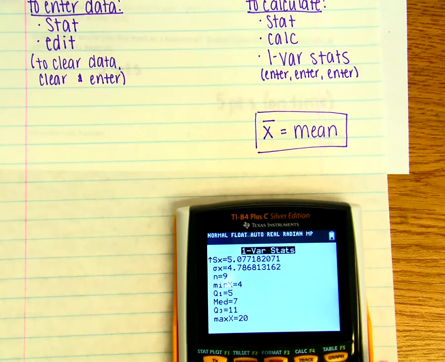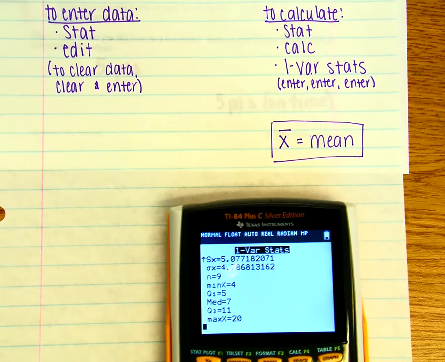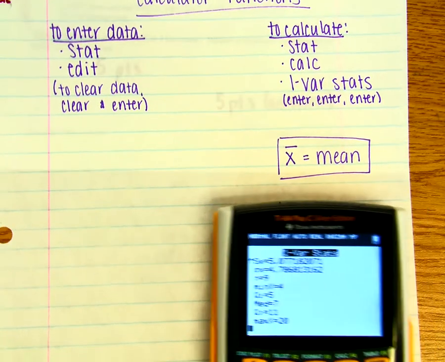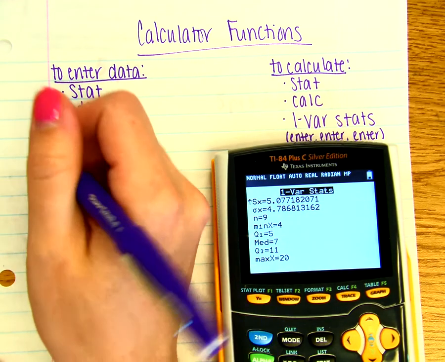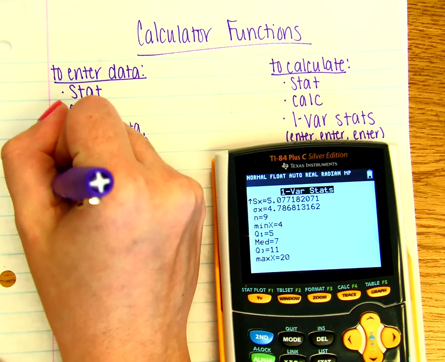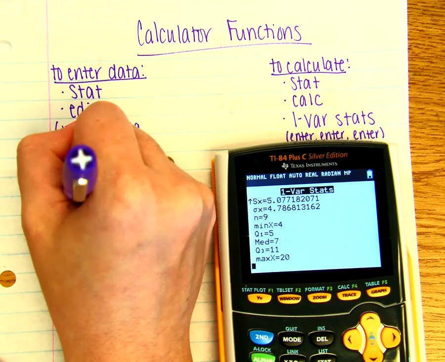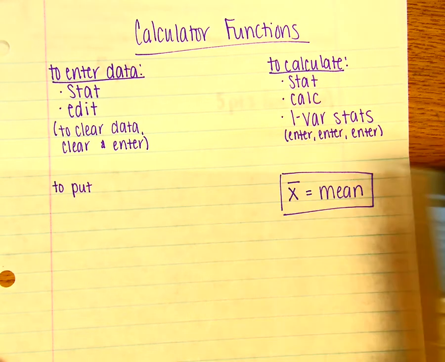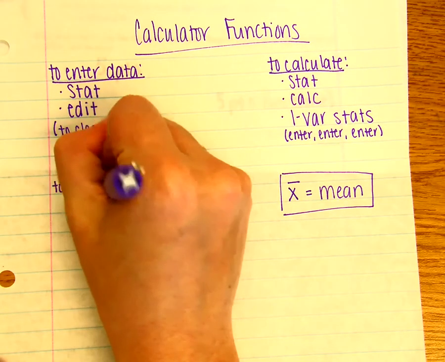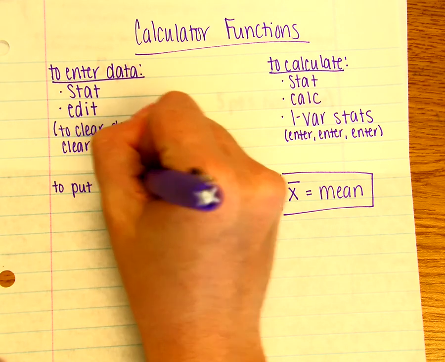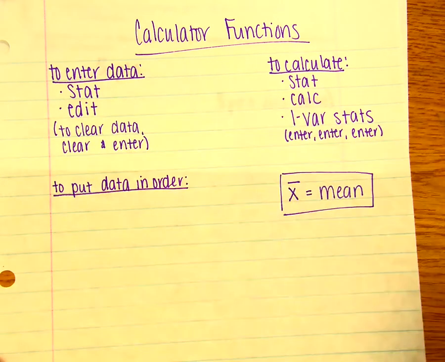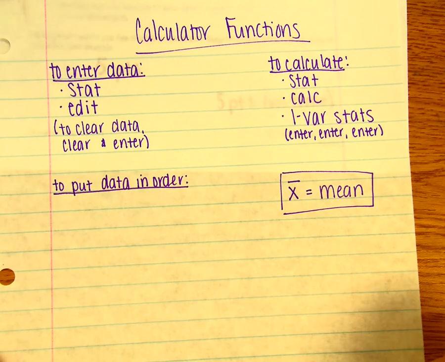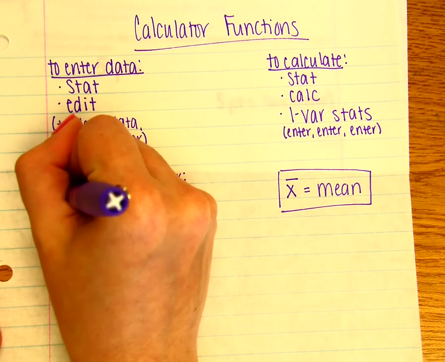Now, in order for us to create a stem and leaf plot, we need to have the data be in order. The calculator will also put the data in order for us. So, let's go over how to do that. To put data in order, we're going to press our stat button.